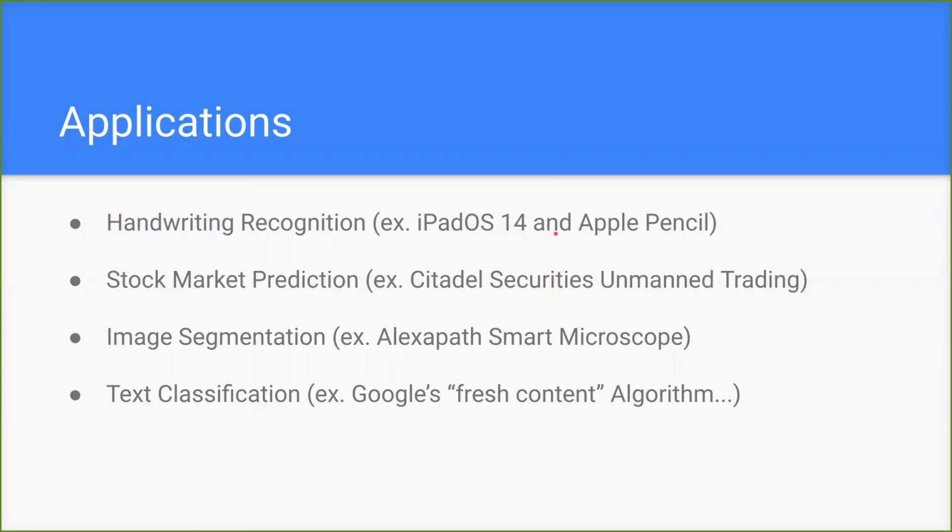There's also text classification as one of the applications of a neural network. When you look at Google's fresh content algorithm, if you listen to Sundar Pichai talking about Google, especially in those reviews that are super awkward, it's constantly this talk about fresh content, and specifically search queries as well as just what's new.